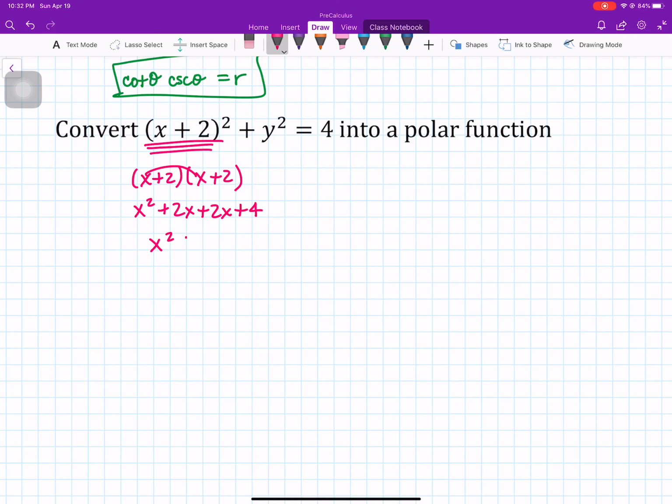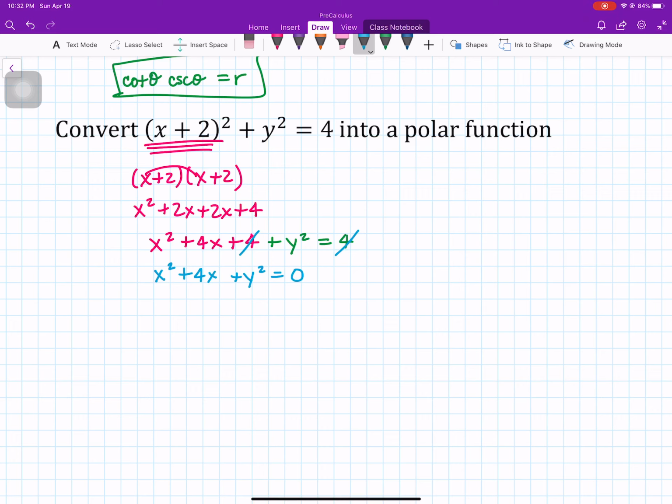And then we have x squared plus 4x plus 4. And then the y squared doesn't change, and neither did the 4. Then go ahead and combine like terms. The 4's will end up just canceling each other. And so we have x squared plus 4x plus y squared equals 0.